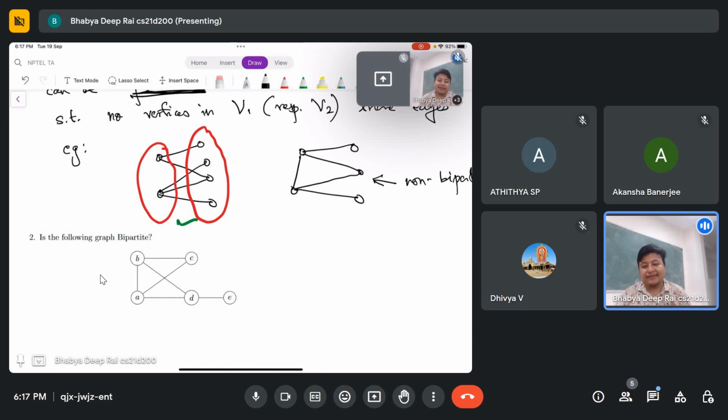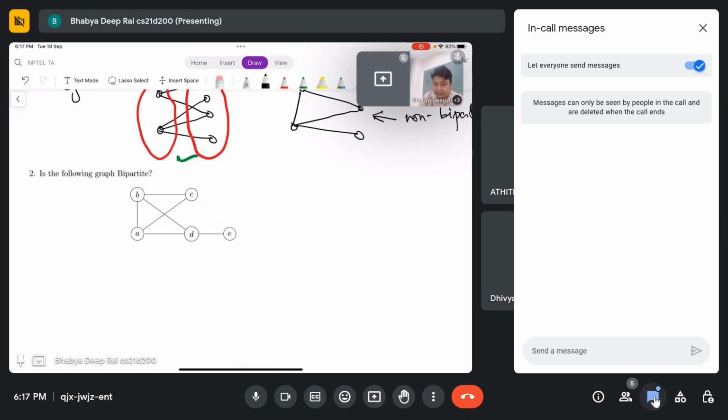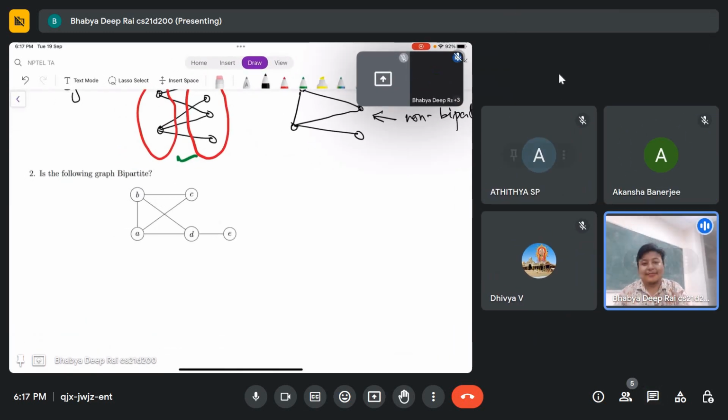If it has that structure within it, then you can tell whether it's bipartite or not. Akanksha, can you tell me why you are saying no? Sir, because it has an odd cycle. Yeah, good. That's the fact.